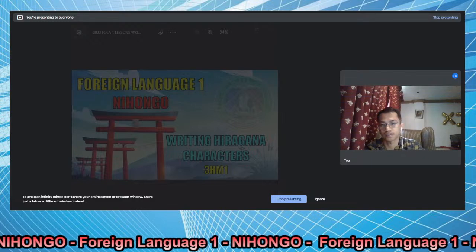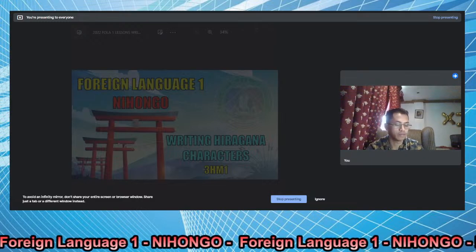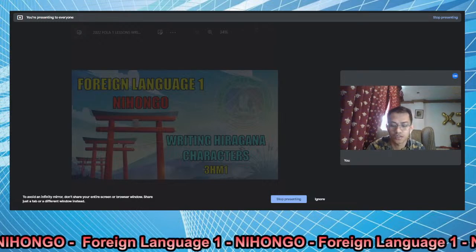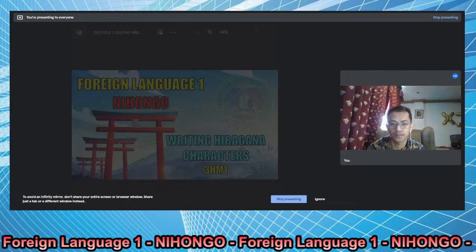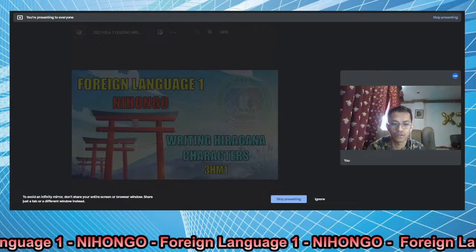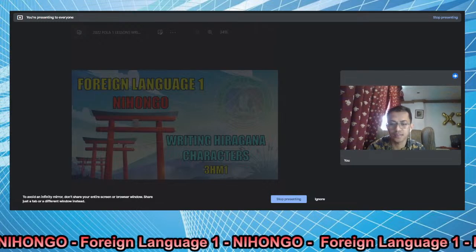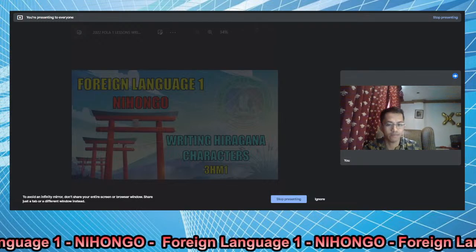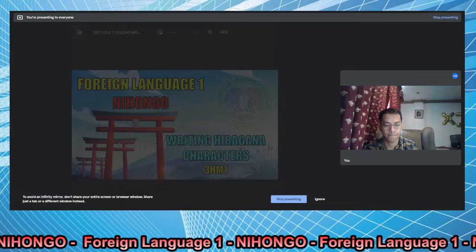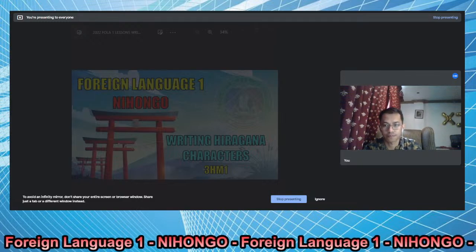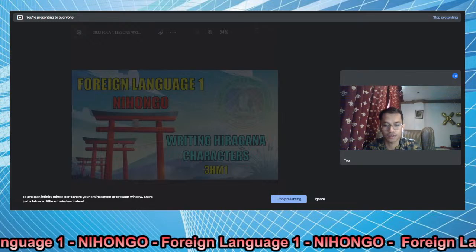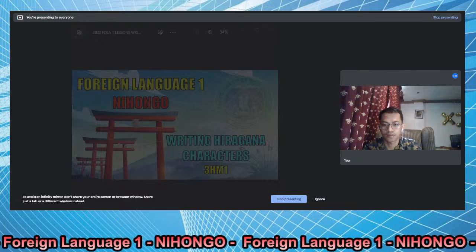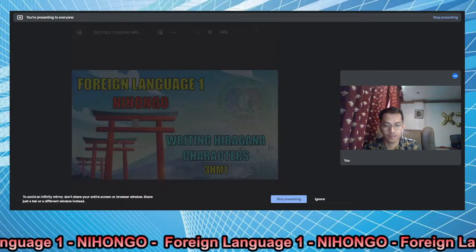Alright. So on your hiragana practice sheet, I will be requiring everyone in this class to print the hiragana practice sheet that we have. I will be showing you the, where is that?